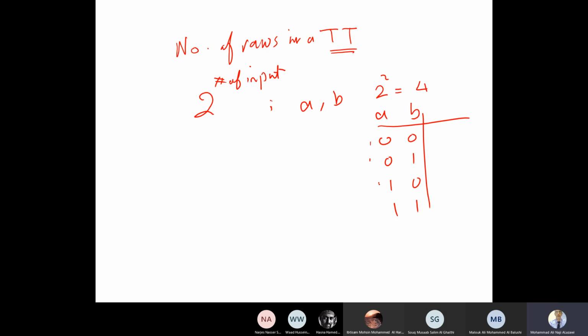1, 2, 3, 4. Okay, if I have three inputs, then I'll have 2 to the power 3, which is equal to 8. If I have 4 inputs, then I have 16, and so on.